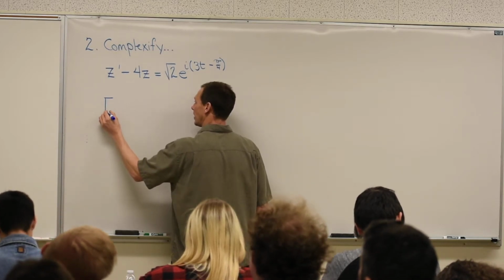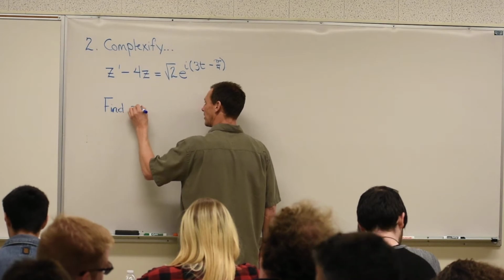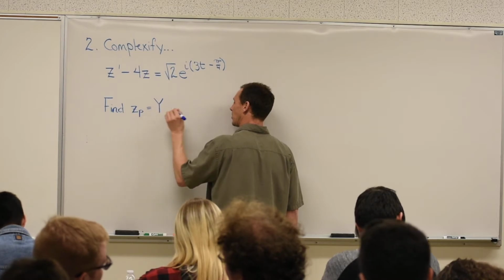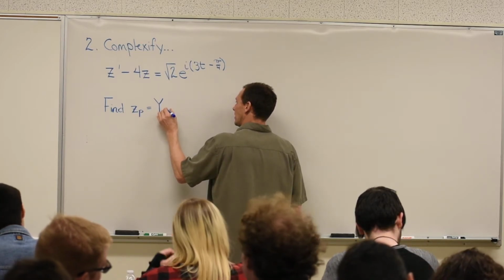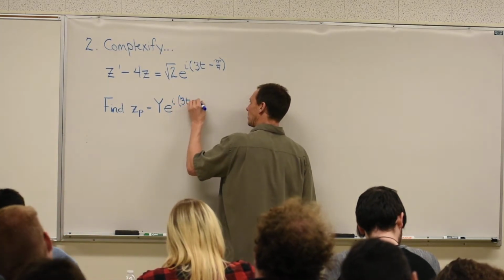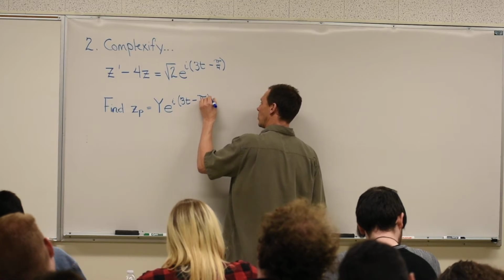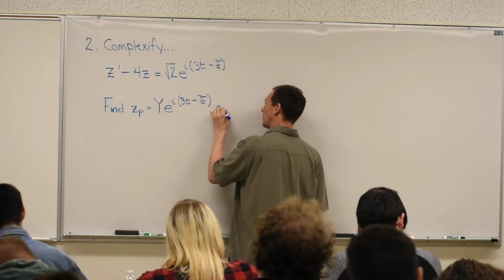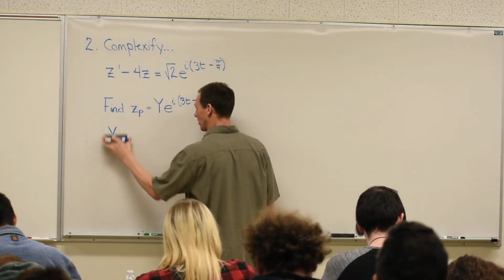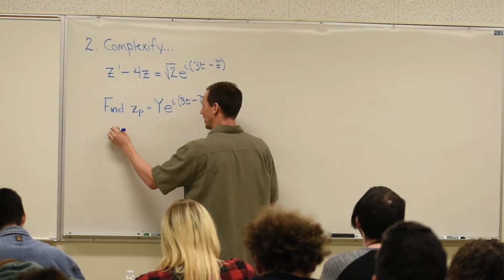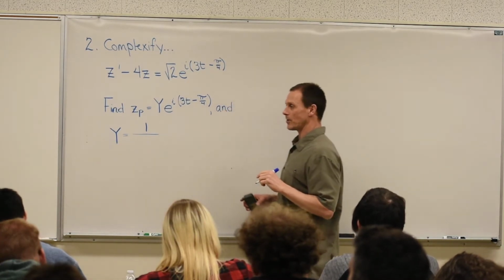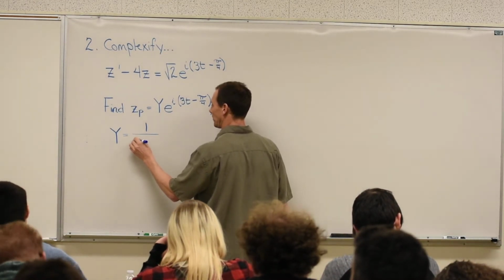We want to find our z particular, and it's going to be in general the form of some capital Y e to the i 3t minus pi over 4, and I'm going to write comma Y, that's a capital Y. Capital Y equals 1 over, let's use what we found over there, i omega minus A.